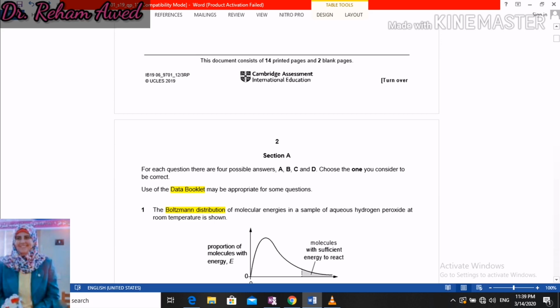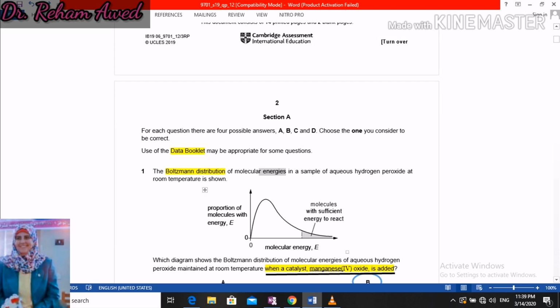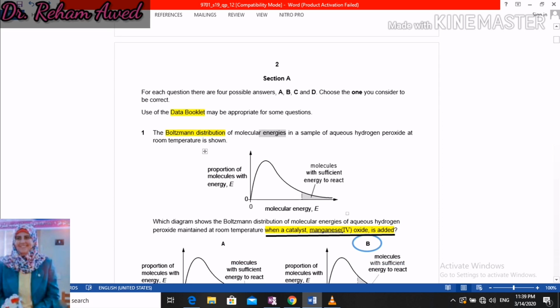At first, we have the Boltzmann distribution for the molecular energies in a sample. So we are relating the molecular energies of a sample of aqueous hydrogen peroxide at room temperature. We have a curve indicating the relation between the number of molecules and kinetic energy.